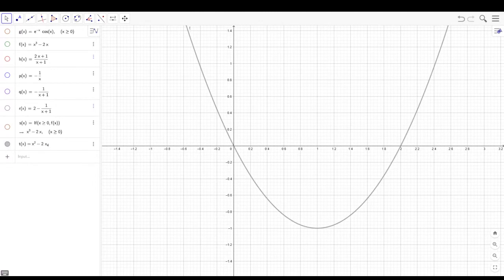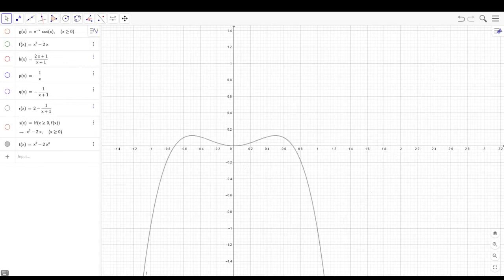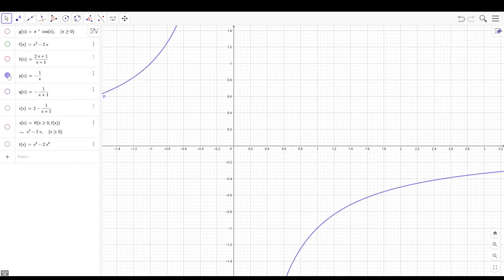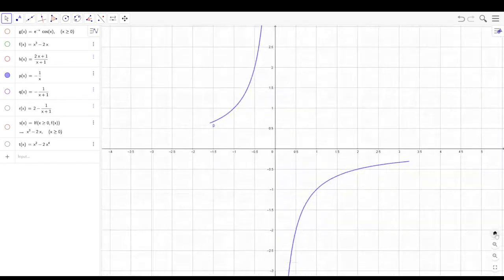What about this one? Let me just see if I can do that. Is that odd, even, or neither? Yes. Yes, I can feel the learning occurring. What about this one? Let's have a look.